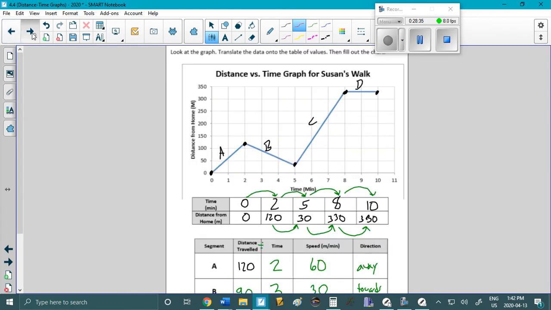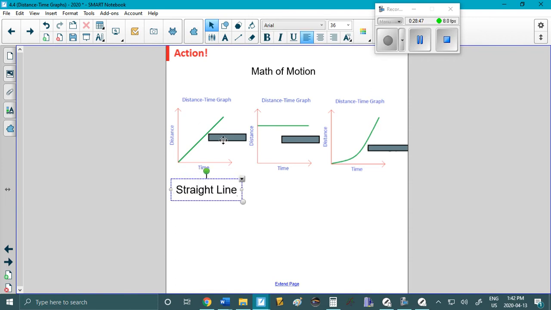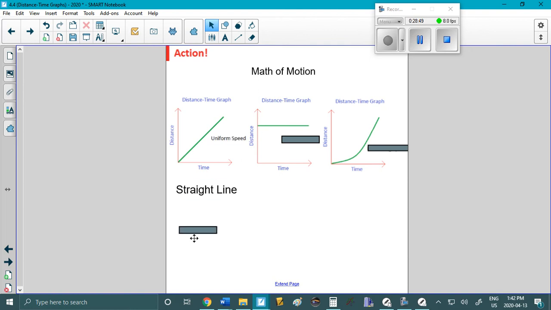Okay, so you might want to jot this down, or you might just want to try to remember it. If you have a straight line, what that means is uniform speed or constant speed. If you have a flat line, what do you think that means? We've talked about it, you probably already know.